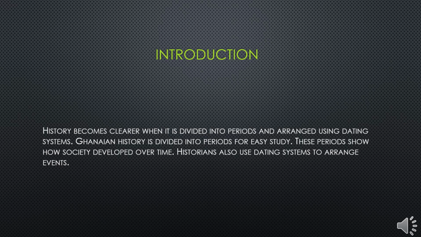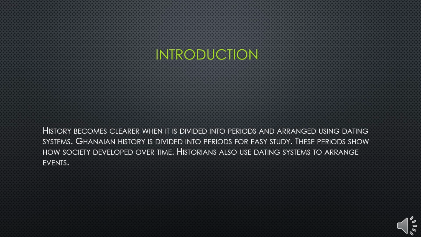Ghanaian history is divided into periods to make the study of history easier. That is, if we are able to know the major period, the day that something occurred, why, and then the consequences, it makes the study of history easier.